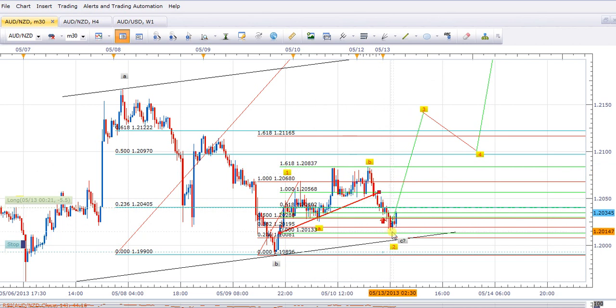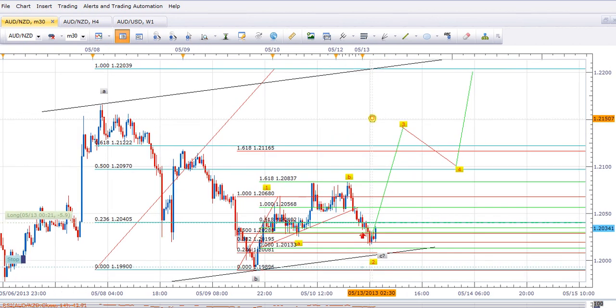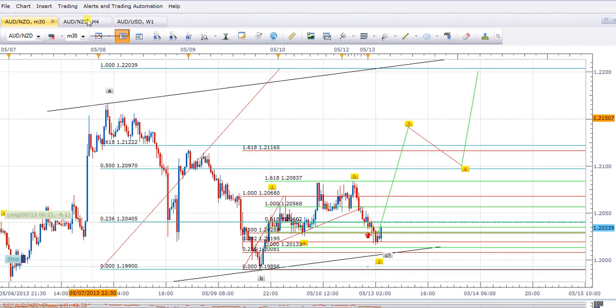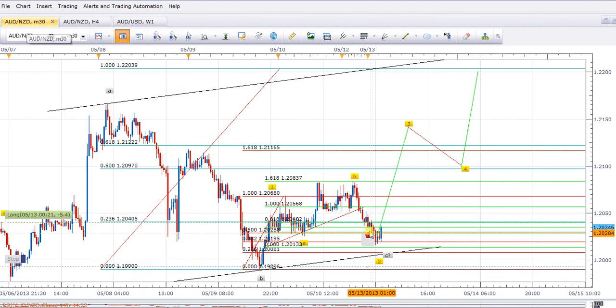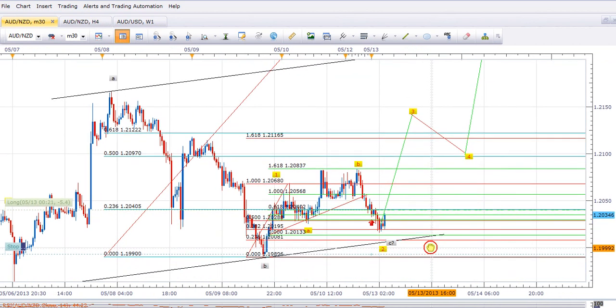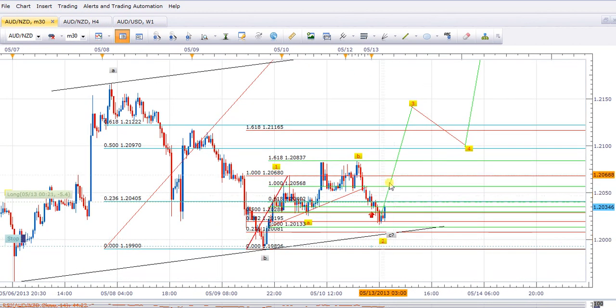So we should expect price to push higher from this point, going towards our target of 122.32. So this would be a perfect area to go long, as your risk to reward ratio would be greatly in your favor.